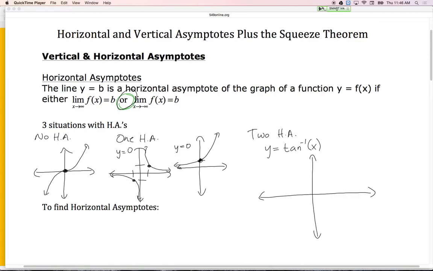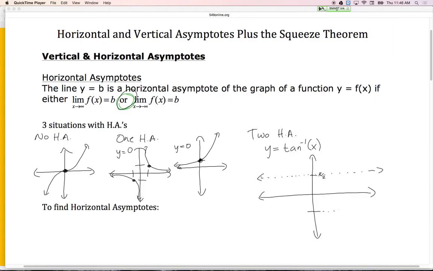Now, what we did when we proved that is we started with the sine graph, and then we switched x and y, and we reflected it over the line y equals x, and the sine graph got tilted. It rotated 90 degrees to the right. We did the same thing with the cosine graph. Did the same thing with the tangent graph. And when you do the tangent graph, it's really interesting, because the VAs become HAs.